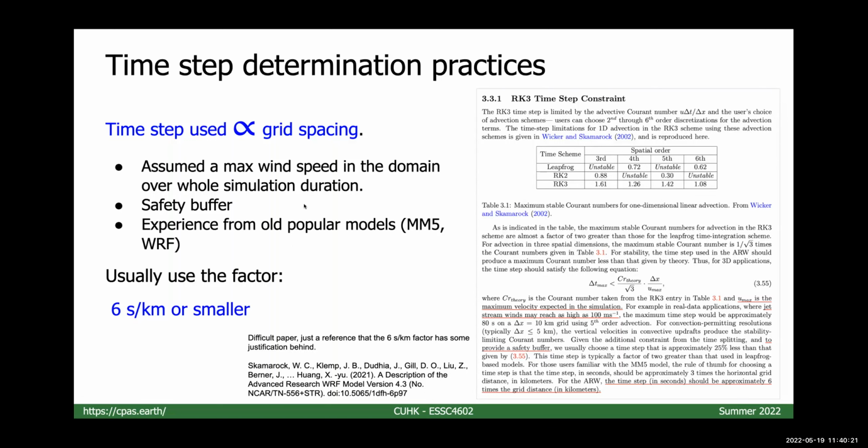So from previous experience, the rule is that the time step used needs to be proportional to the grid spacing. Underneath, there is some assumption of the highest wind speed that will be present in the simulated atmosphere or something like that. And this is the justification behind the best practice.